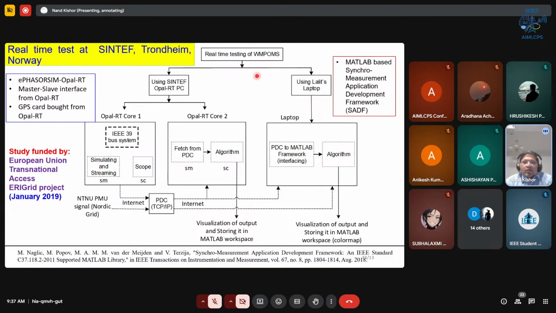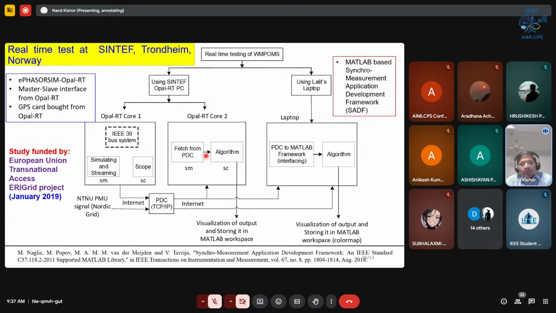So this is the real-time testing of the WAMPOS. We had the model in the center for one of the students, applying this MATLAB-based setup. With this, we were able to obtain simulation and live streaming of the data.